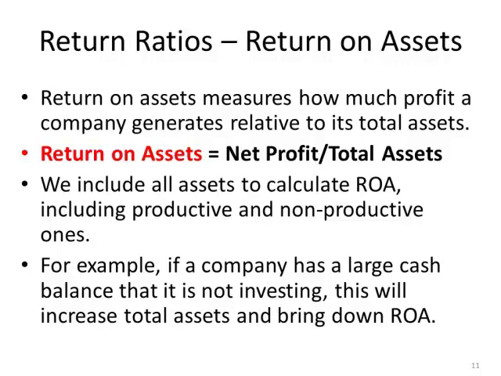So if we have a high cash balance, this would bring down the return on assets. And return on assets obviously includes all of the company's assets, so it's more complete as opposed to just looking at return on equity, right? For this reason, return on assets is a good statistic for us to look at.